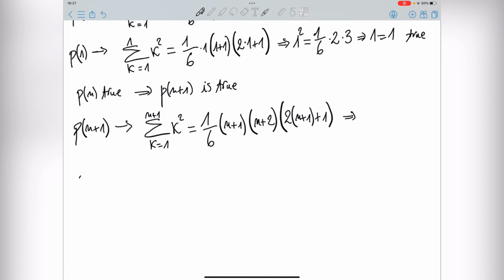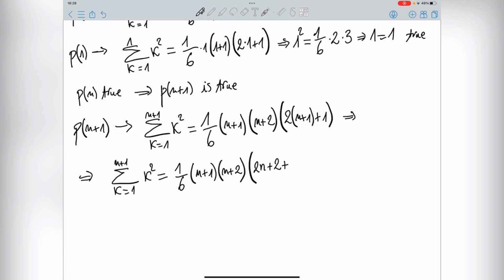Now this implies that this summation of k squared is equal to 1/6 times (n plus 1) times (n plus 2) times, here we have 2n plus 2 plus 1, which is basically 2n plus 3.